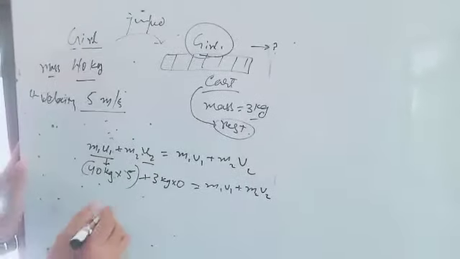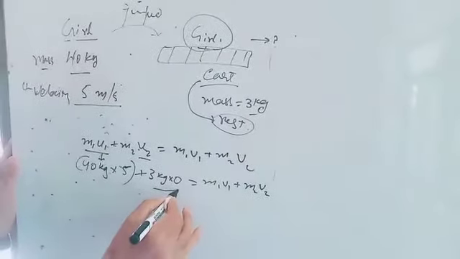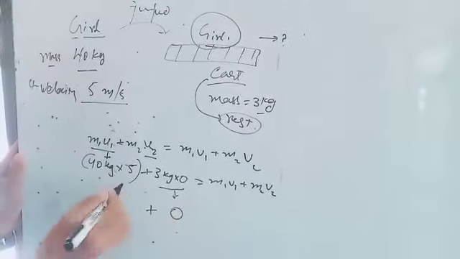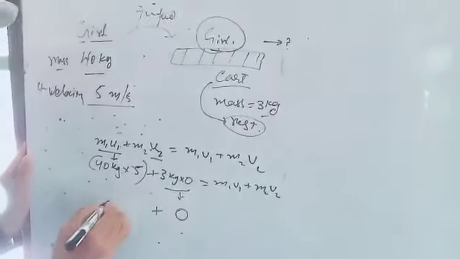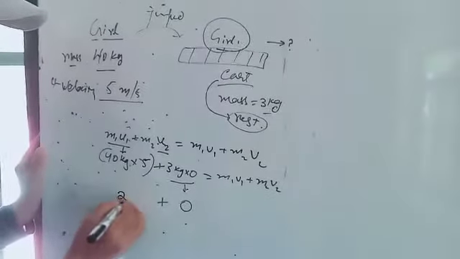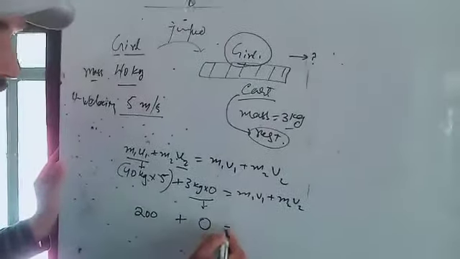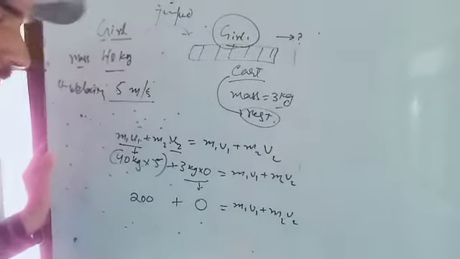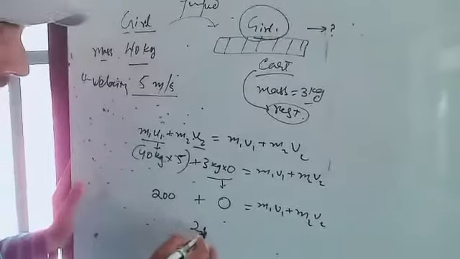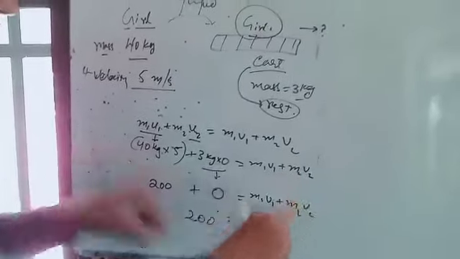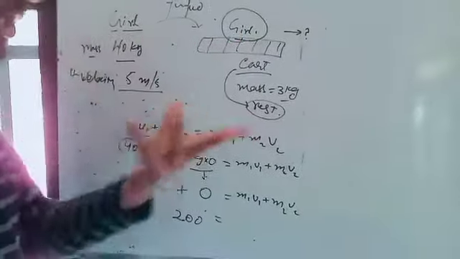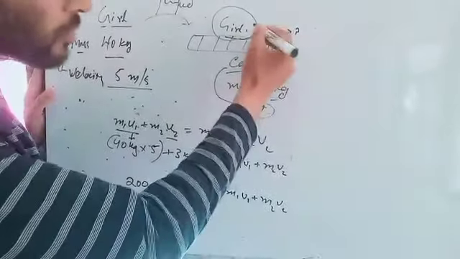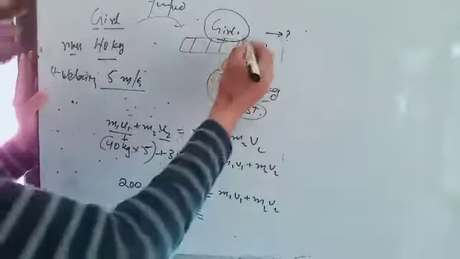Now this whole term will become 0, because anything multiplied by 0 is 0. Plus 40 into 5, it will become 200. That means 200 plus 0 is equal to m1v1 plus m2v2. Now after collision, the mass of the girl and the cart are combined.